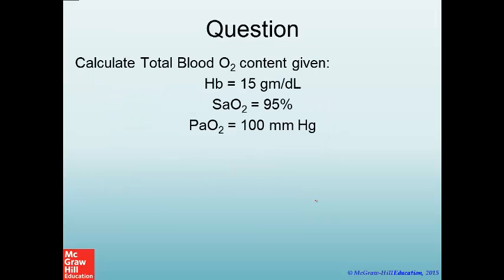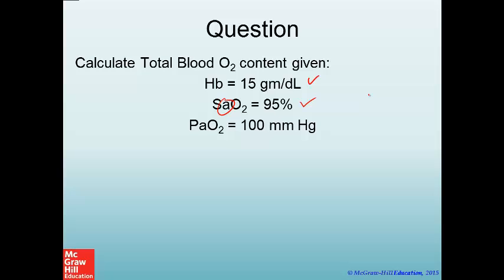So here's a question. You can calculate the total blood oxygen content if you know the hemoglobin, which averages around 15 grams per deciliter of blood, the saturation, which we said normally in arteries should be 95%.